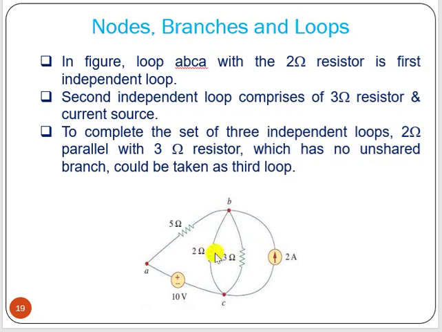Because there is no common branch. This is the first independent loop, this is the second independent loop. Now we can take another loop using the 2 ohm and 3 ohm resistor. Now the 2 ohm resistor is a common factor for the first independent loop, and the 3 ohm resistor is a common factor for the second independent loop.